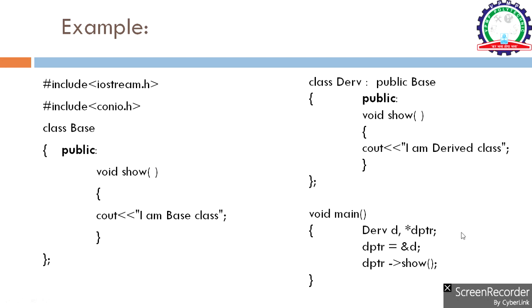So the output of this program will be I am derived class, right? Now let's see another example.